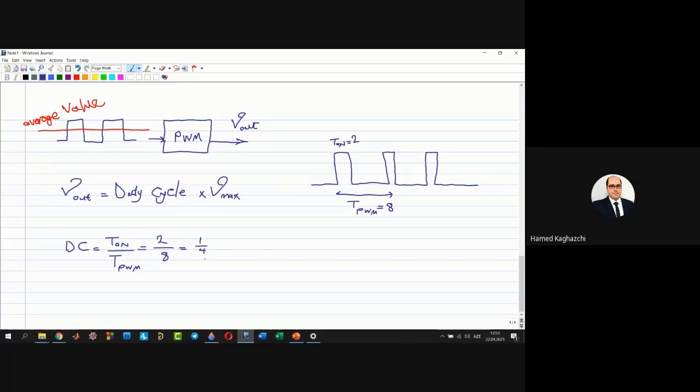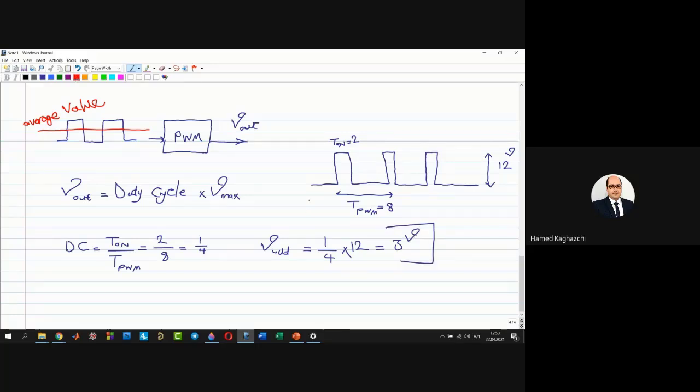1 divided by 4, and Vmax here, suppose that is 12 volts. Now V out will be 1 divided by 4 times 12. It means 3 volts.